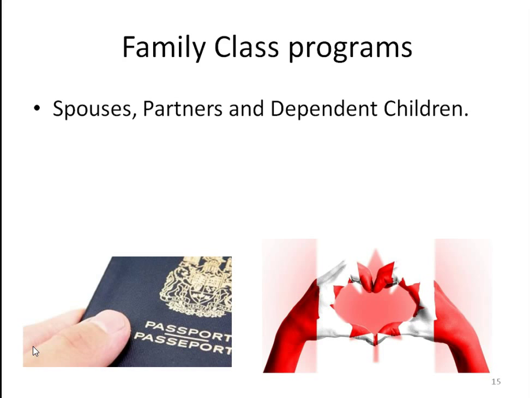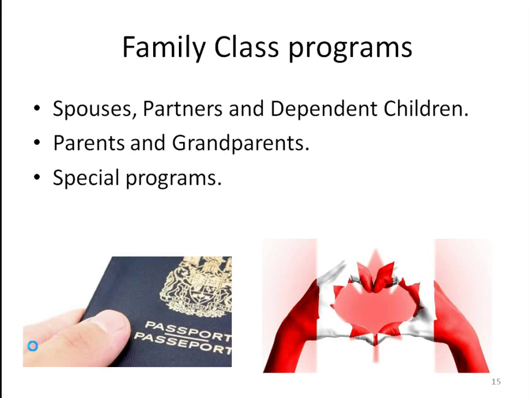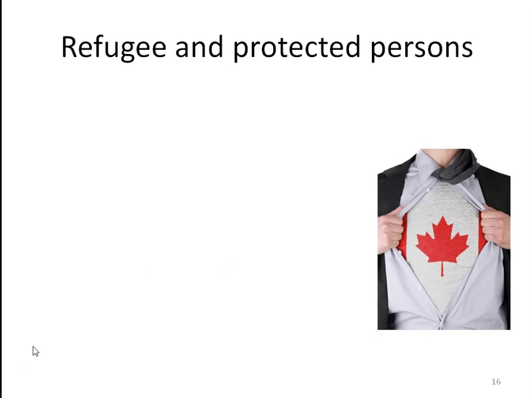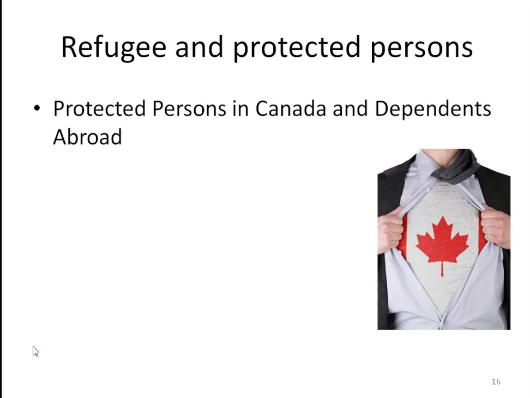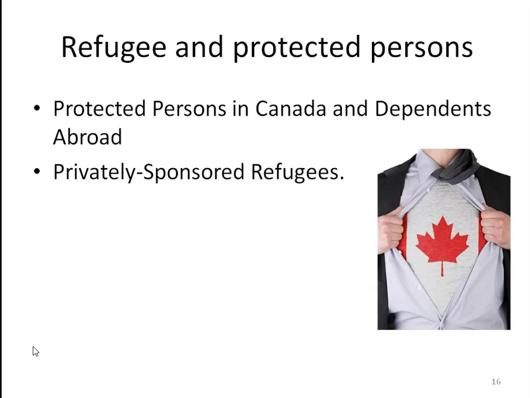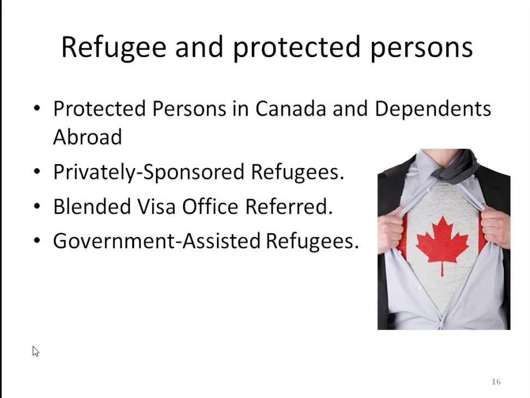We find in this category of programs the spouses, partners, and dependent children, the parents and grandparents, and special programs. Refugee and protected persons. Protected persons in Canada and dependents abroad, the privately sponsored refugees, the blended visa office referred, the government assisted refugees.